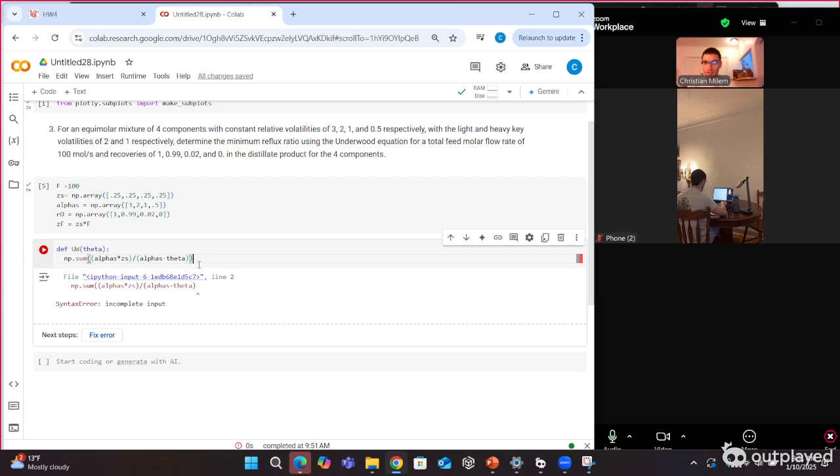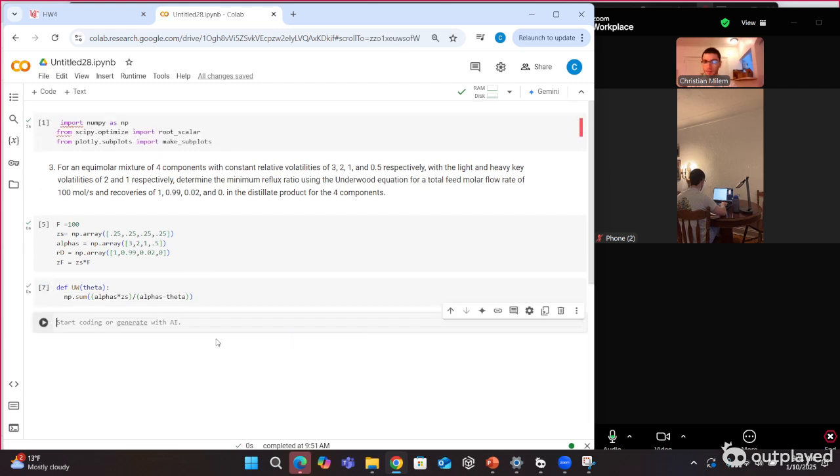We forgot a parenthesis. All right. So now we can use a root solver to find our theta value. So we'll do root_scalar. We're going to make our bracket directly in between 1 and 2.